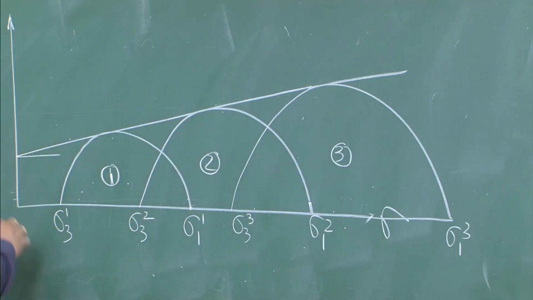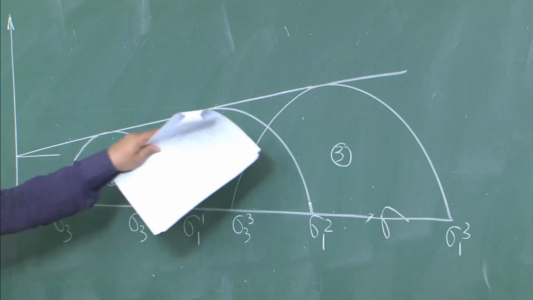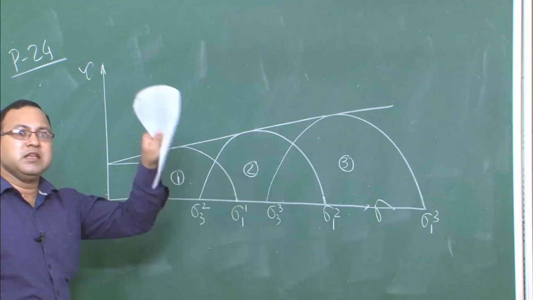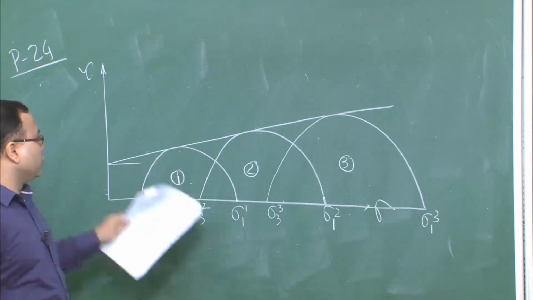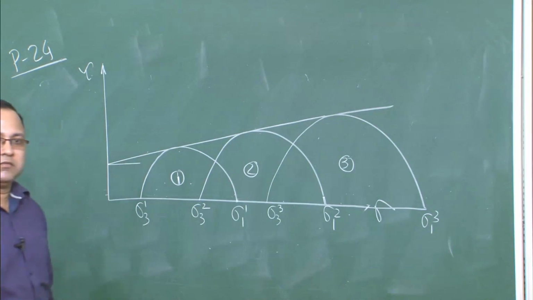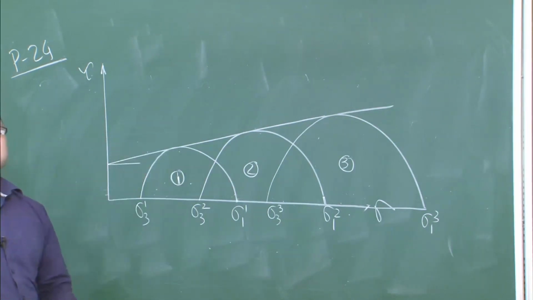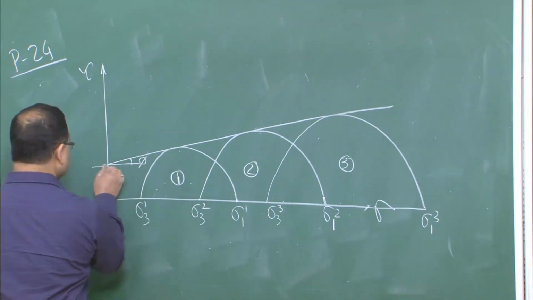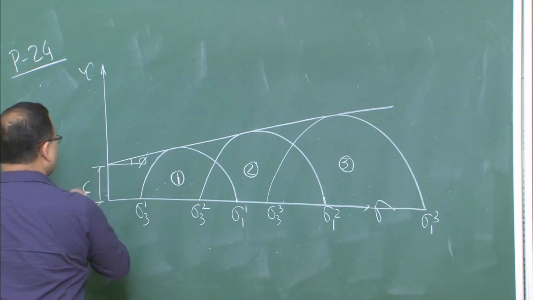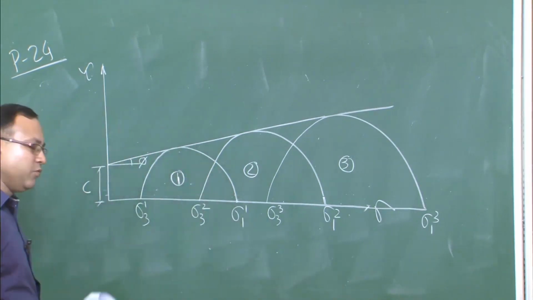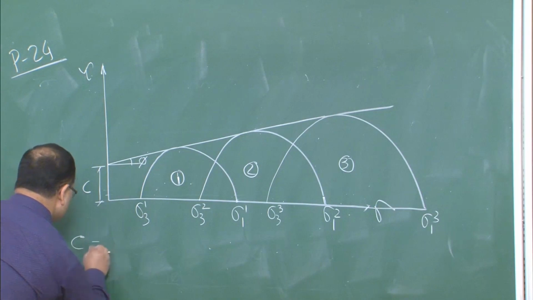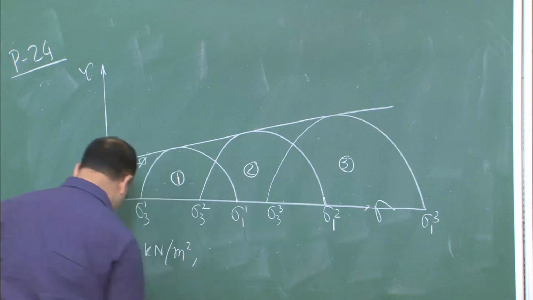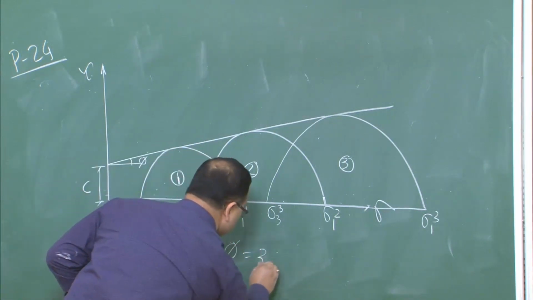So, these are 3 Mohr circles for 3 different samples, but they are identical, so they should give you the same shear strength parameters. So, you will be getting a common tangent, which will be acting as a Mohr Coulomb failure envelope. This is your common tangent, this is the phi and this is the C value. So, graphically, if you plot to scale, you will be getting C equal to 25 kilonewton per meter square and phi equal to 3.80.